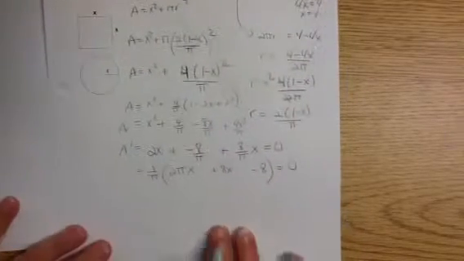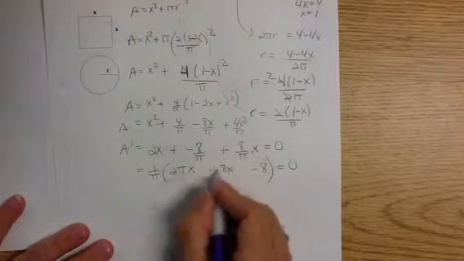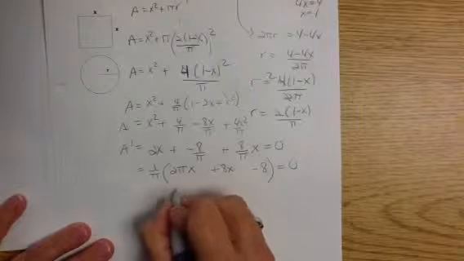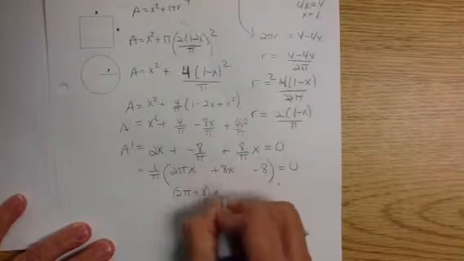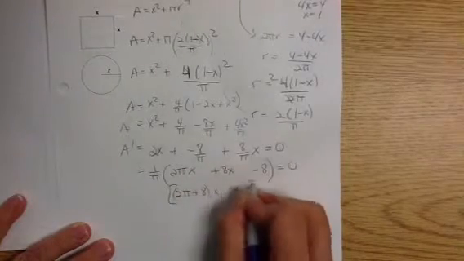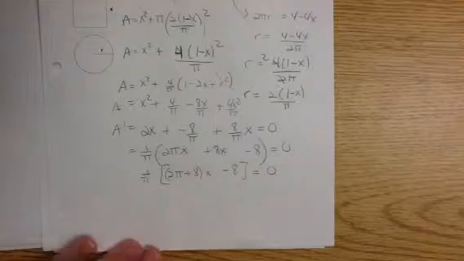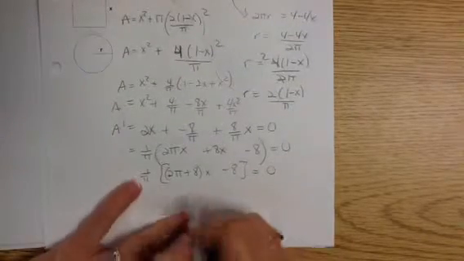The only thing that's going to be 0 is when I make this a 0. So I need to add those two together. And when I add those two together, I'm going to have 2 pi plus 8 minus 8, 1 over pi. So I've got to find out what's going to make that equal to 0. This will never be 0. This is a constant.